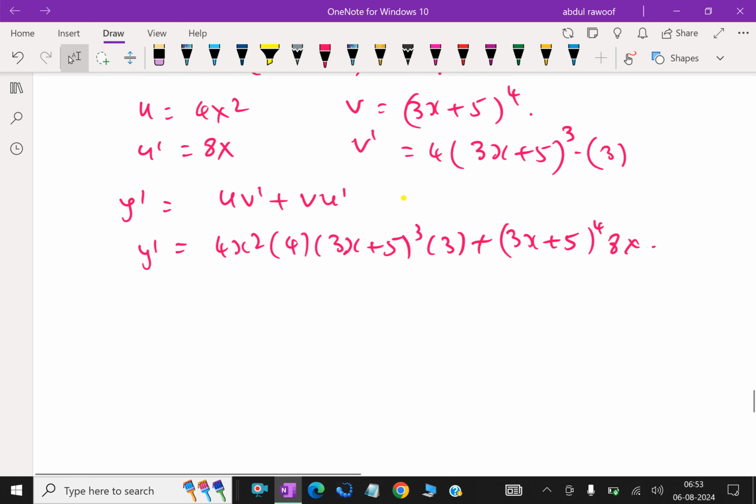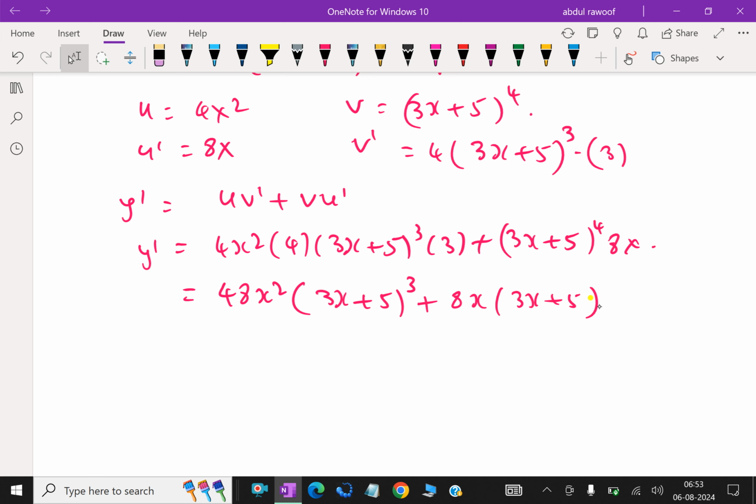Look here. 4x squared into 4 into 3: 4 4s are 16, 16 into 3 is 48, x squared into (3x plus 5) cube. Plus 8x into (3x plus 5) power 4.